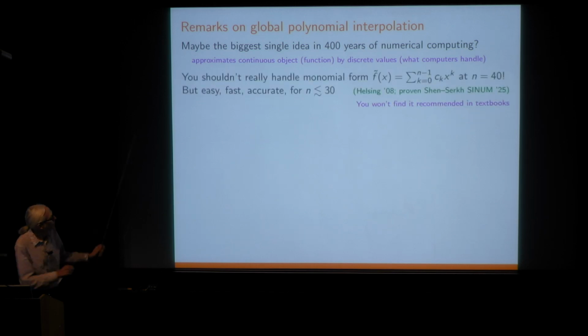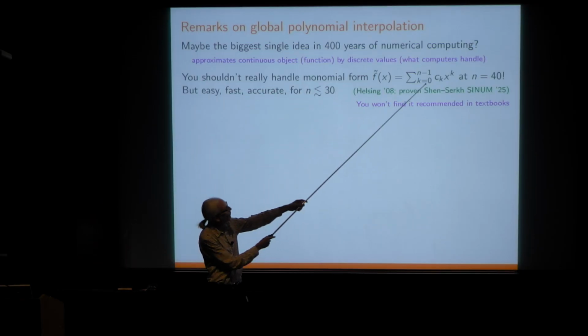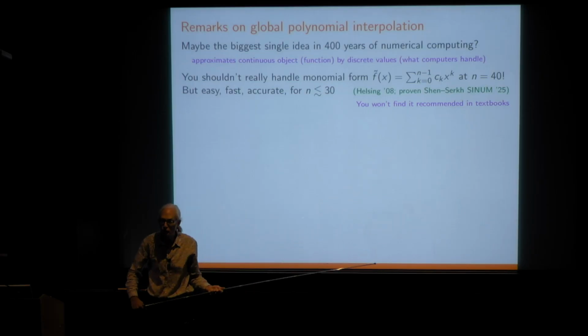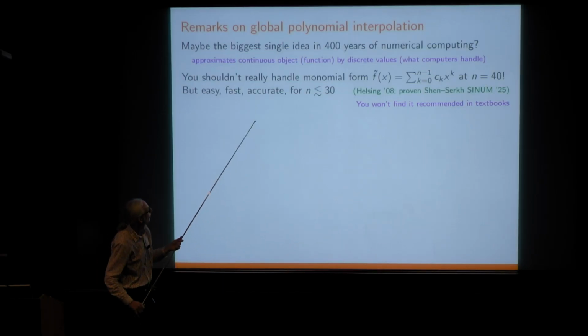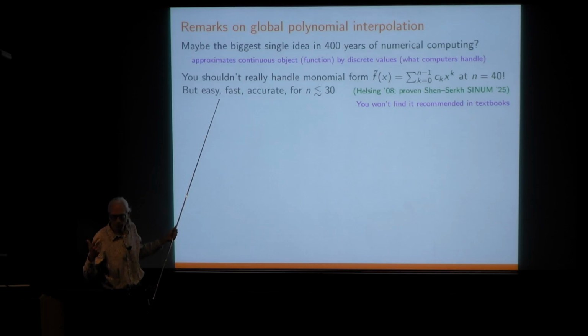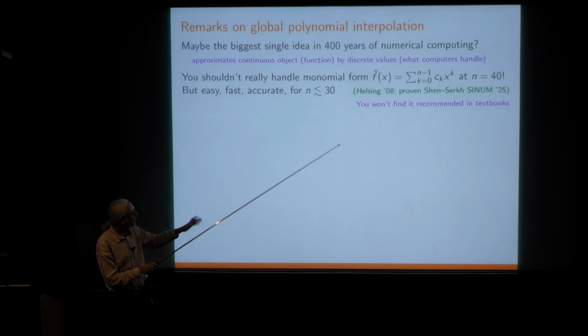Okay, as I was saying to Pilar, you should not really handle this monomial form at n is 40. It's a bit large. It's certainly the upper limit. But this whole thing I've just presented, solving for monomial coefficients by solving the Vandermonde system, is really easy. It's really fast, and it's accurate for n up to about 30, sort of guaranteed.